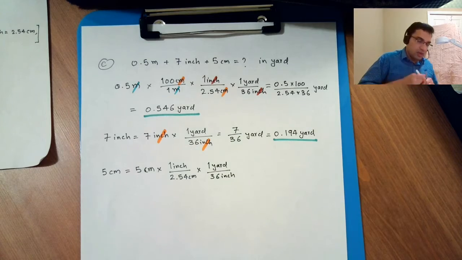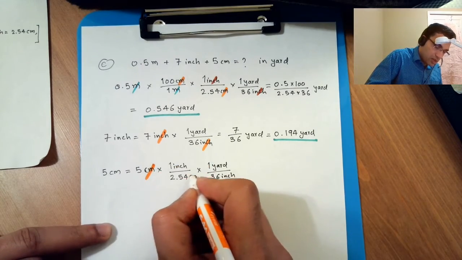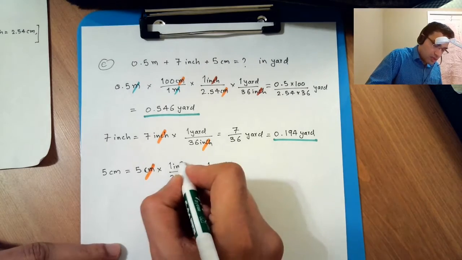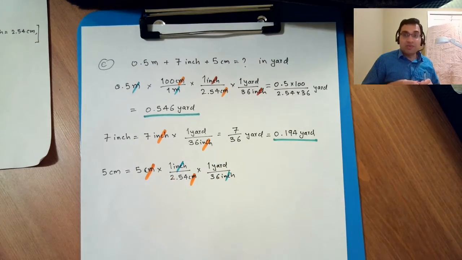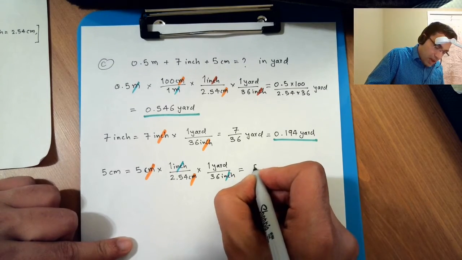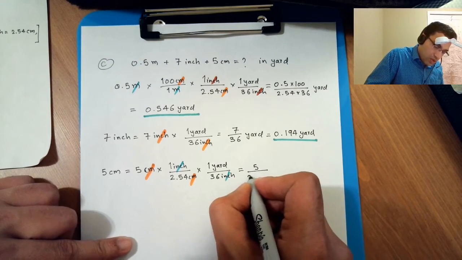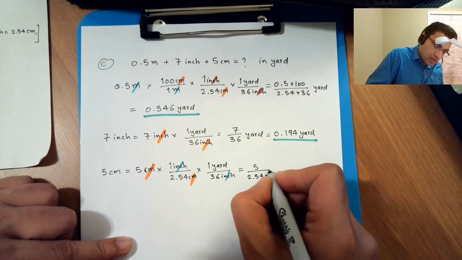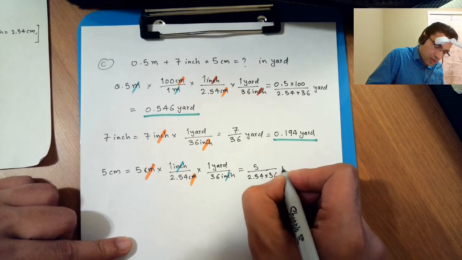The same thing happens here. This centimeter goes, and then this inch goes. What you're left with is yard. That's 5 divided by 2.54, and the denominator again 36 yard.